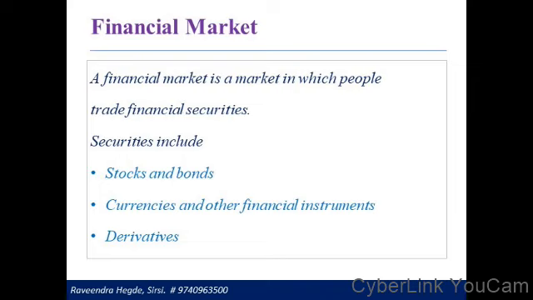Securities include stocks and bonds. They also include currencies and other financial instruments. They also include derivatives. That's why derivative is a component of the financial market. Now let us understand the hierarchy of the financial market. Here we go.